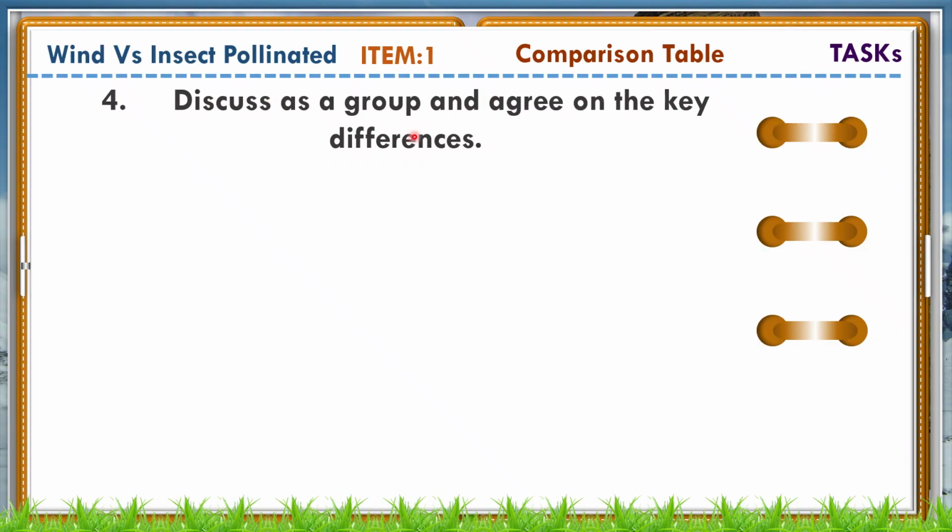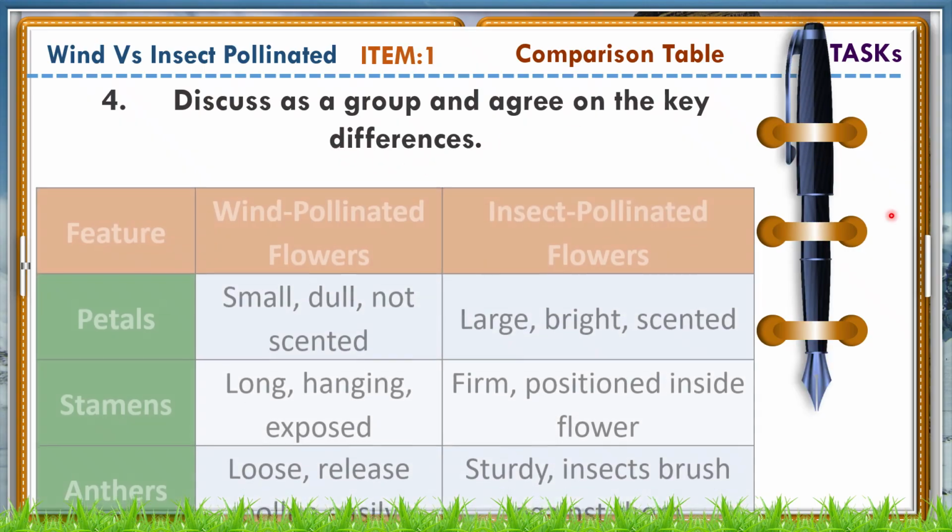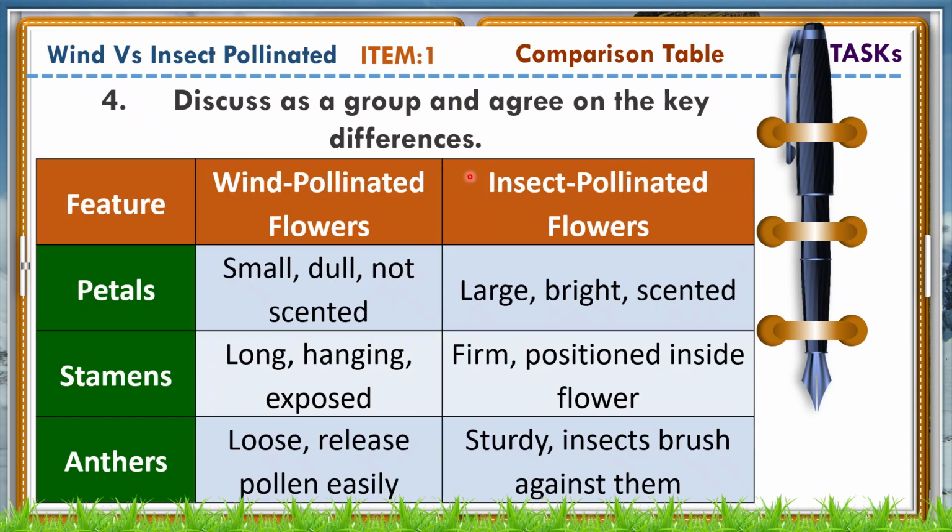Discuss as a group and agree on the key differences. So we have our table here. We have the features, wind-pollinated flowers, and insect-pollinated flowers. We want to look at the differences. We shall start with the petals.